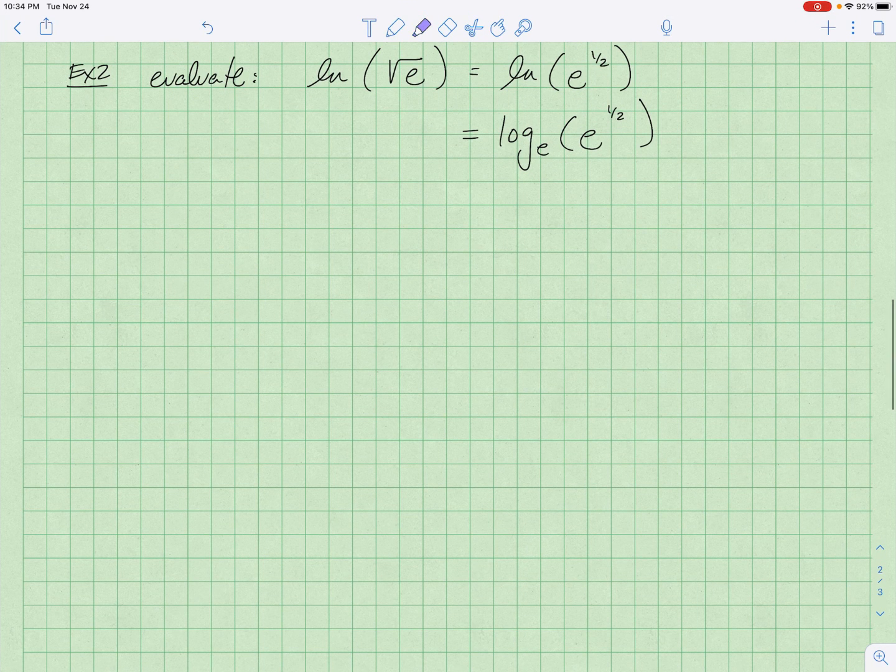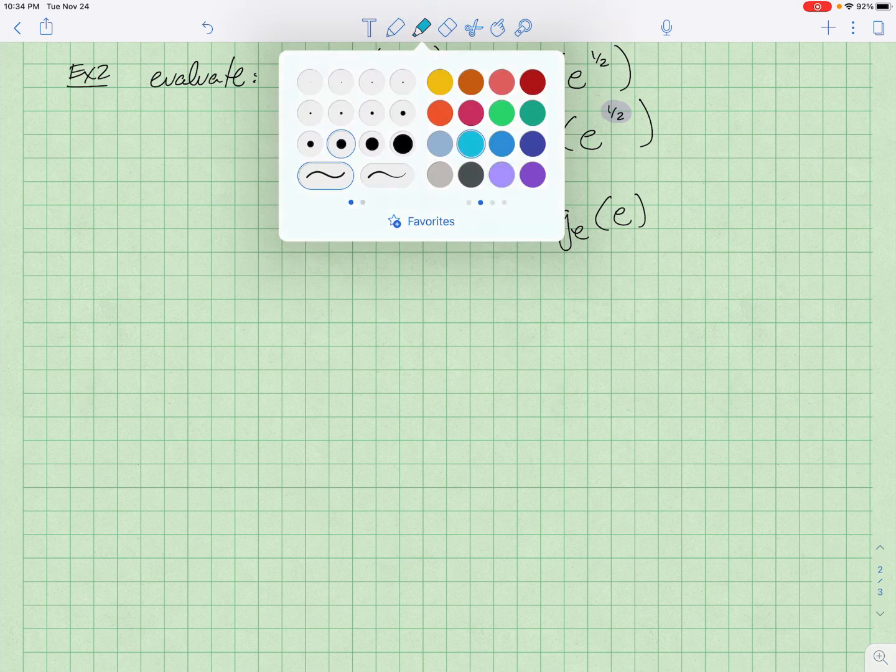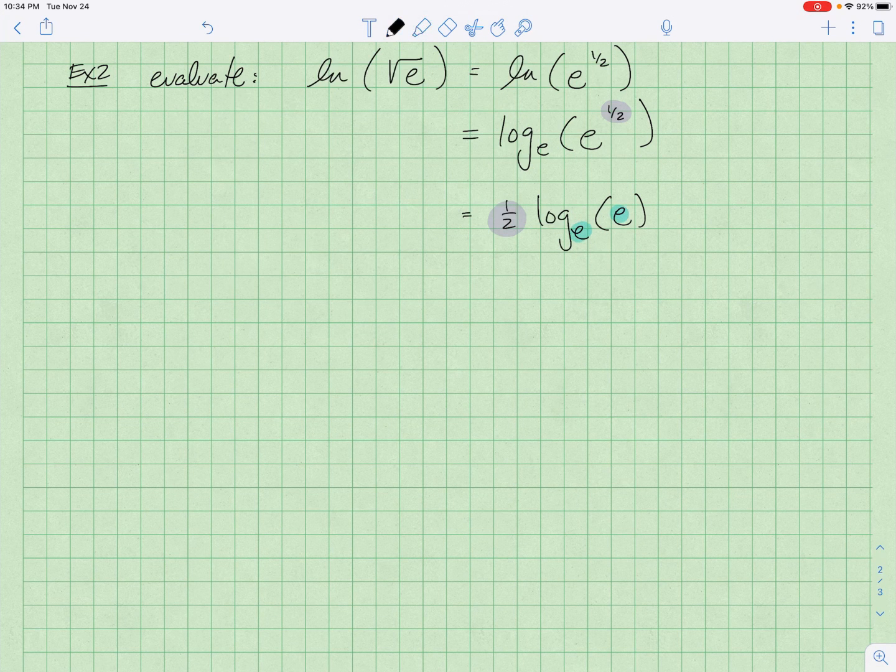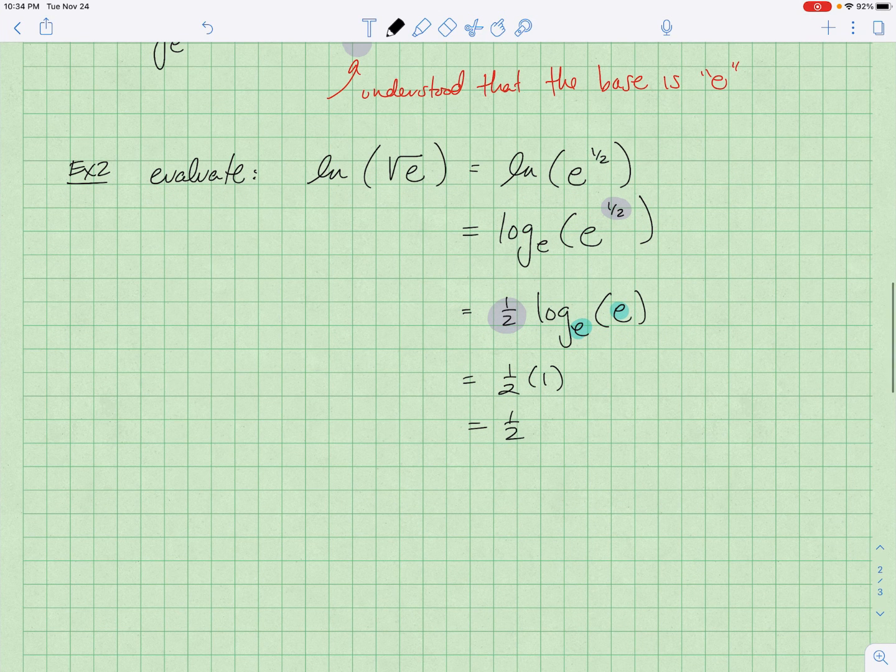I can use exponential rules that'll allow me to bring down that power as a coefficient. So this will be 1/2 the natural log, 1/2 log base e of e. And the power required to turn e into e here, since these bases match up, this cancels. And I'm just left with 1. And so the answer here is 1/2. Or if you like, the power that turns e into e to the 1/2 is simply the 1/2 power, and that's why that's my result.